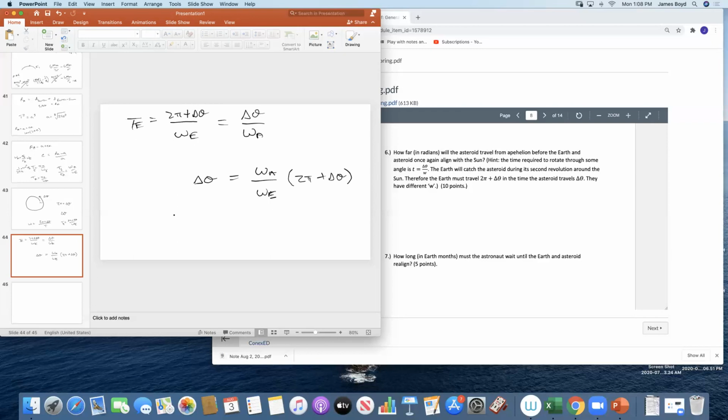So moving that over, we get 1 minus delta theta is 2 pi times omega A over omega Earth. Or I guess we could do it the other way. I think it's actually easier to see the other way.